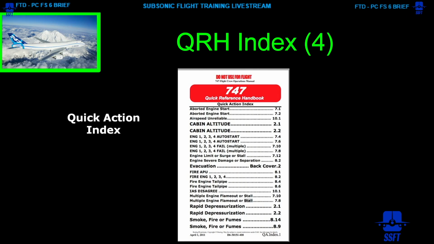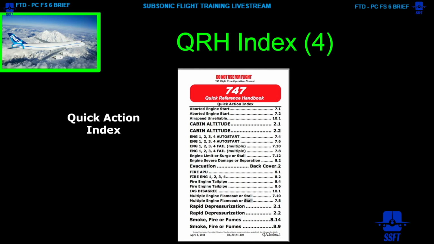So anything that's bigger could be an item where you might be wearing smoke goggles. And they make it a little bigger just so it's easier to see if you were in a smoke-filled situation. So they make the font a little bit bigger if you were in a cabin altitude situation where the flight deck was fogging over and you're trying to read a checklist.